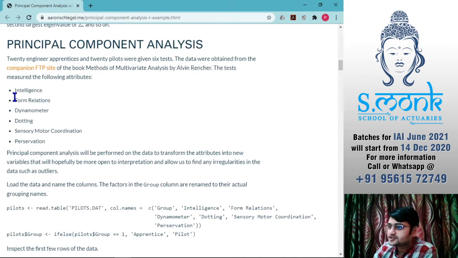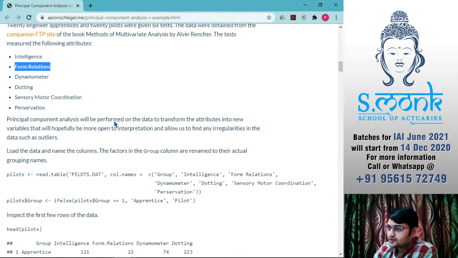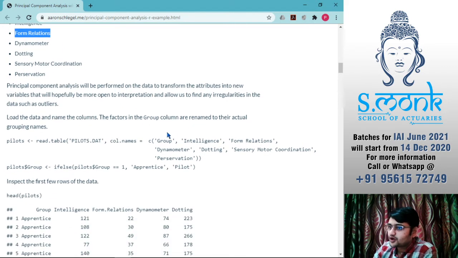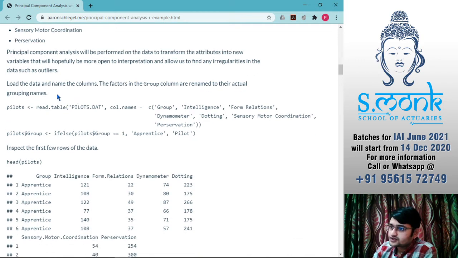We are basically looking for relationships, whether there is a relationship or not. Principal component analysis will be performed on the data to transform the attributes into new variables that will hopefully be more open to interpretation and allow us to find any irregularities in the data such as outliers.